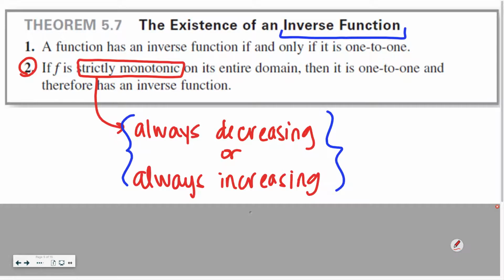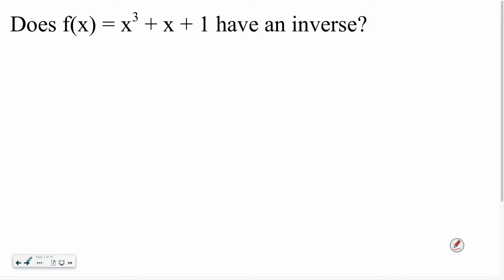So we can decide whether our function has an inverse based on what we know from the derivative. For example, if we have, go ahead and write this down: f of x equals x cubed plus x plus 1.